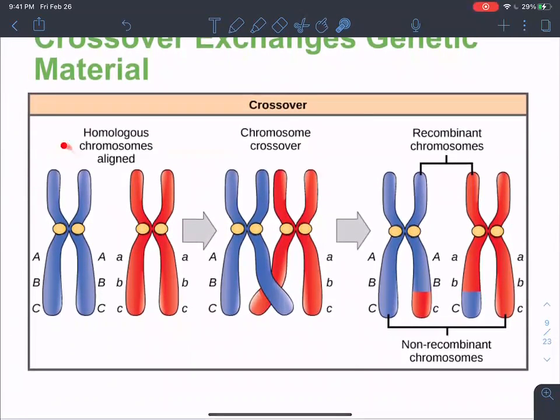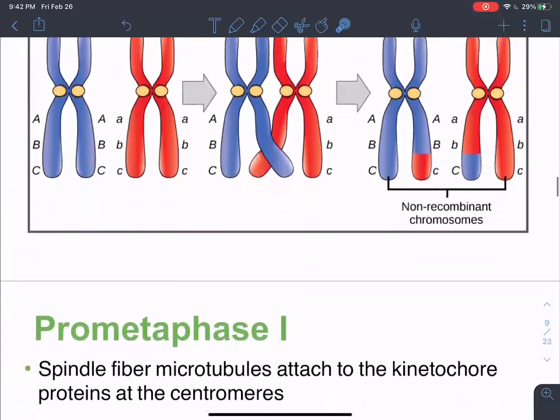So if you see here, you have these two homologous chromosomes, they will align, and then they can have this event of crossing over where you have recombinant DNA being exchanged, and then you still maintain non-recombinant areas of the chromosome where no crossing over took place.